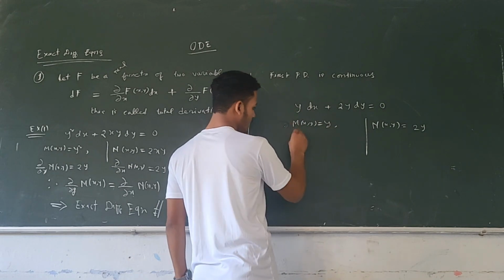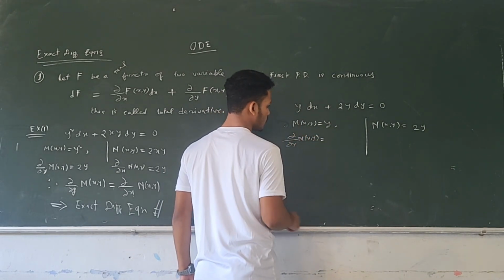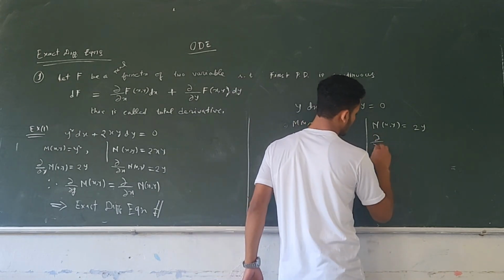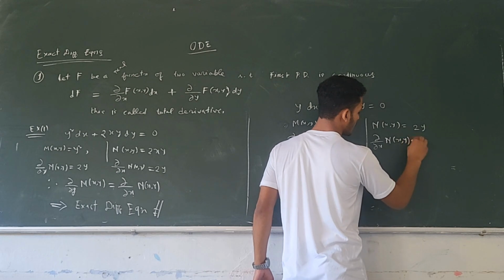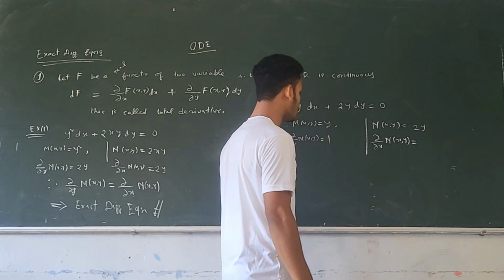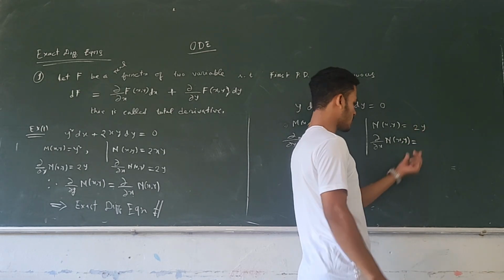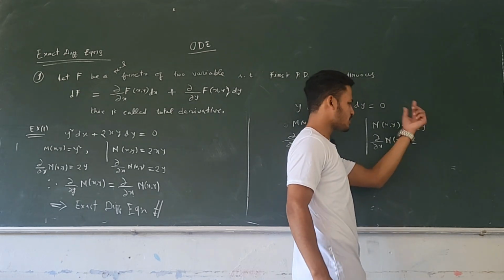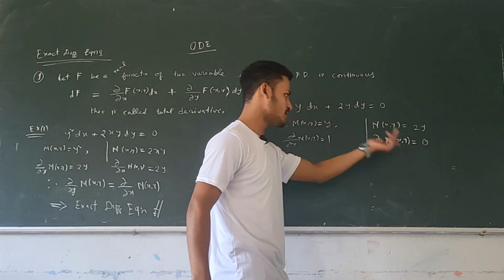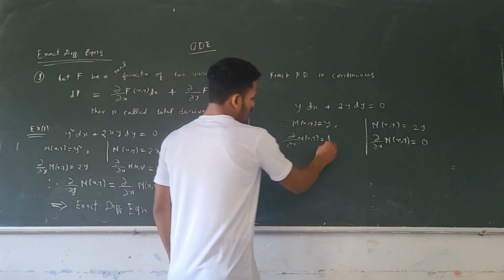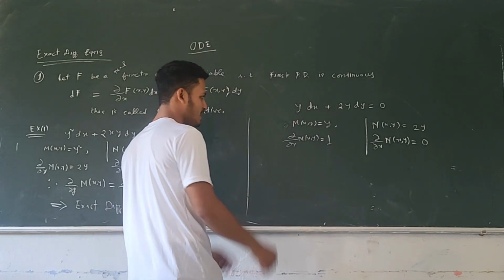Derivative with respect to y: ∂M/∂y will be 1. ∂N/∂x: there is no term containing x, so y is treated as constant, and this is 0. So that means this is not equal to this. So this differential equation is not an exact differential equation.